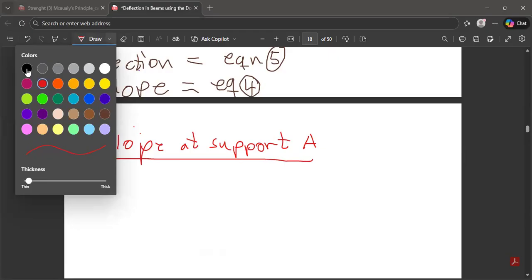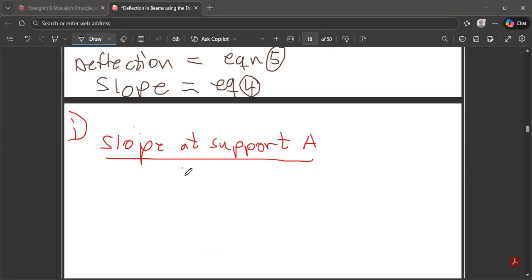Let's quickly pick the formula and substitute it into it. Our slope, it means that we're going to be writing our equation 4.